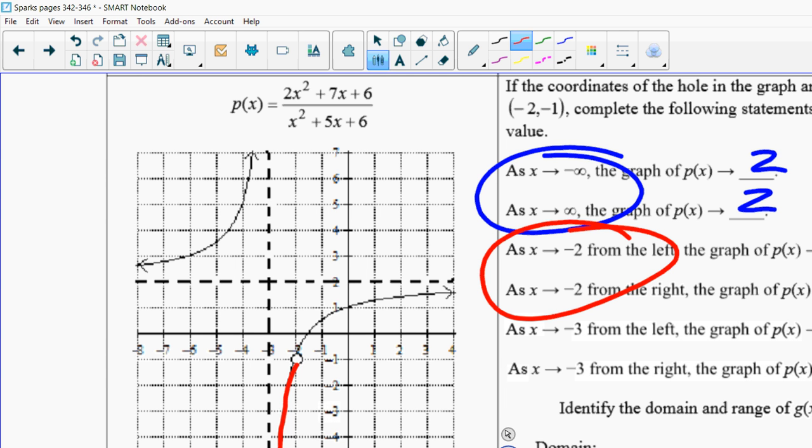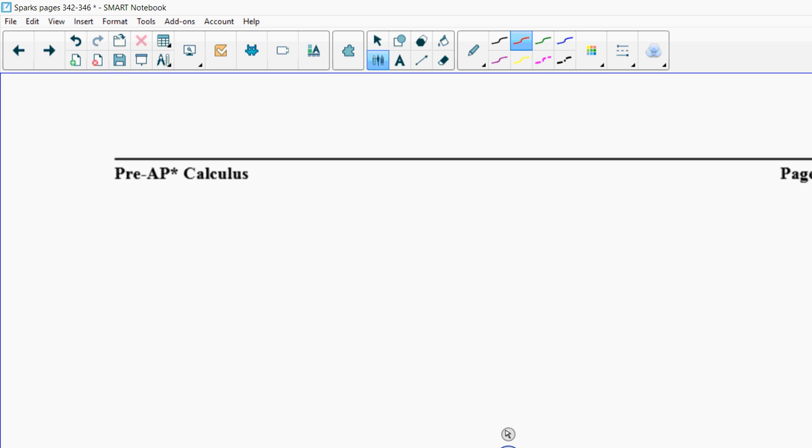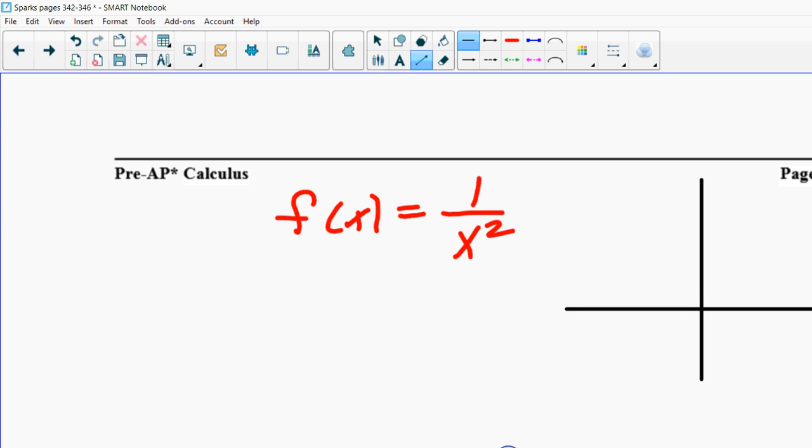Does one have to go positive infinity and the other have to go negative infinity? Could they both go the same way? Could they? If they wanted to? No, it's not a parabola.